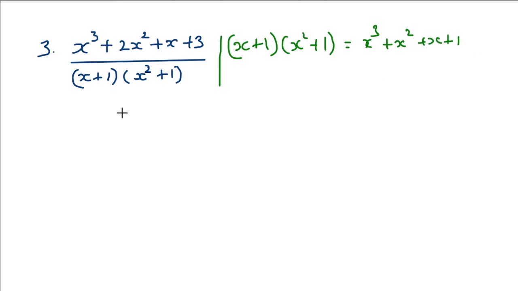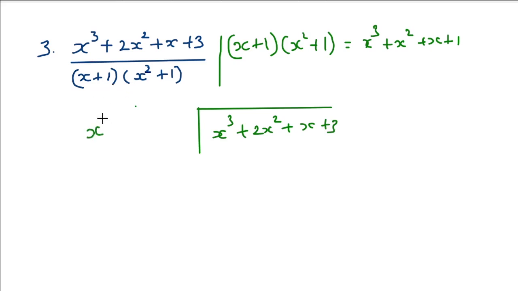So it means if you are to divide, we go to long division. We have the numerator under the root, x squared plus 2x plus x plus 3. And then outside we have the divisor, which is x cubed plus x squared plus x plus 1.